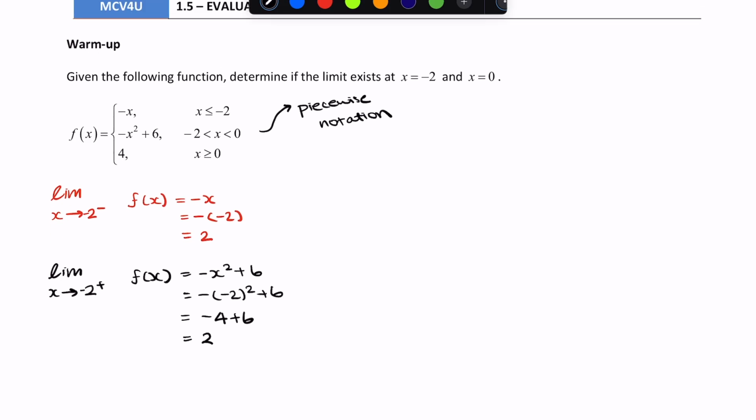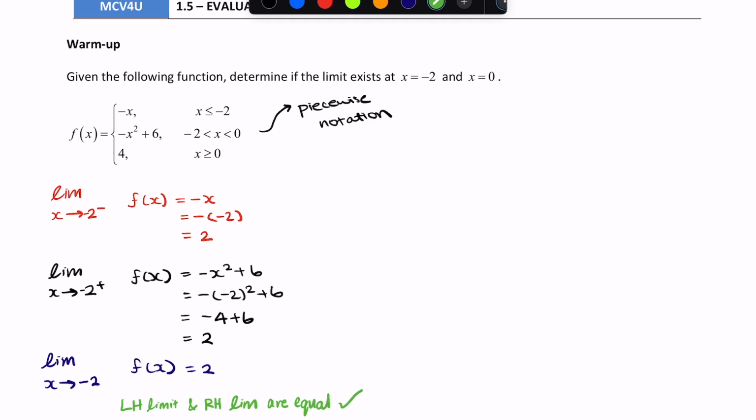And therefore, we can see that if we write the limit as x approaches -2 for this function, we see that it will be 2, and that's because the left-hand limit and the right-hand limit are equal.